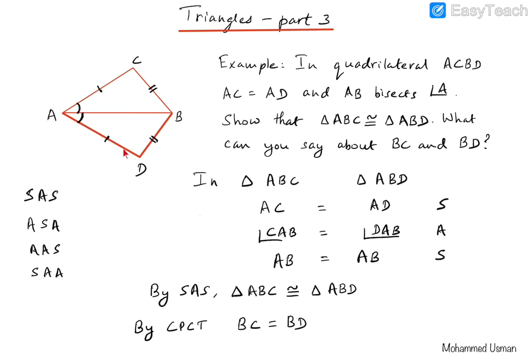So AC is equal to AD, BC is equal to BD, and AB is the common side for both the triangles. So that is equal anyway. So once we have proven the congruence by any one of these properties, we can then apply CPCT to show the equivalence of the other sides or other angles.